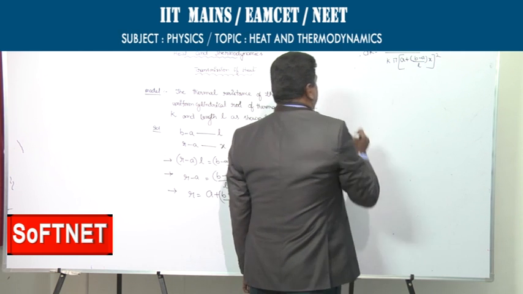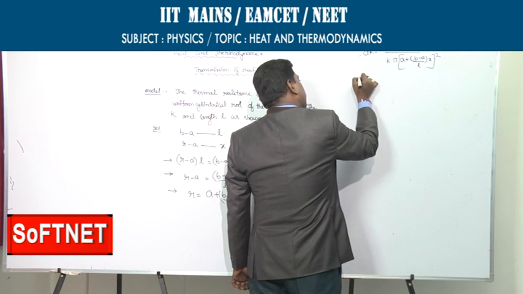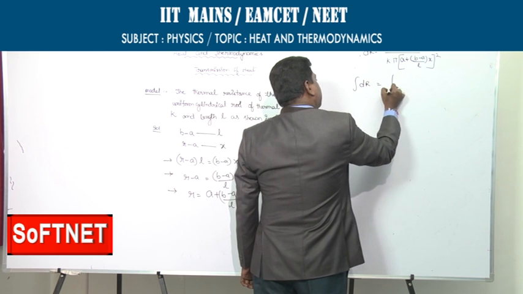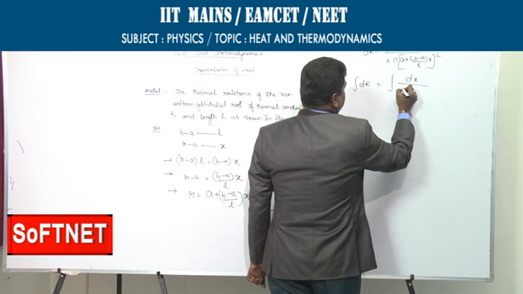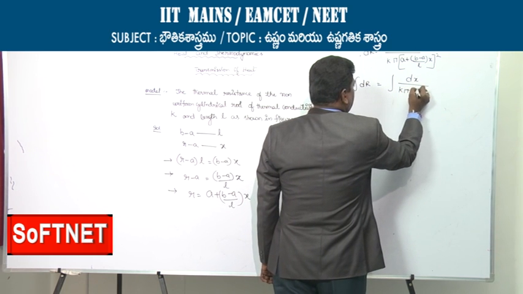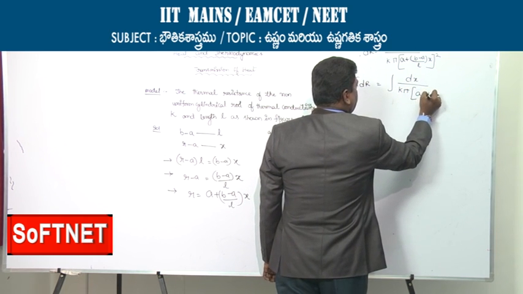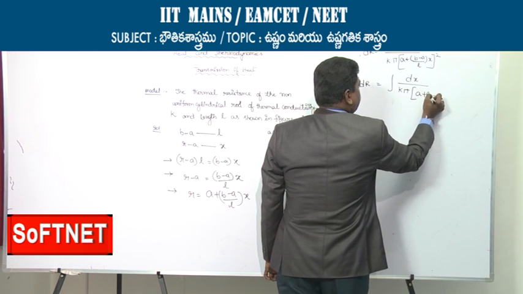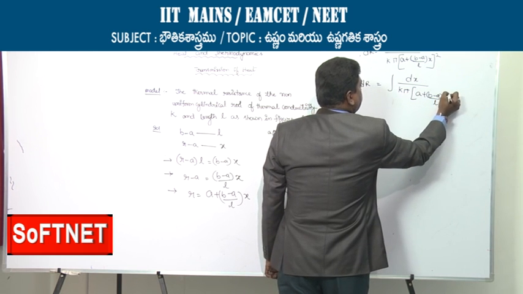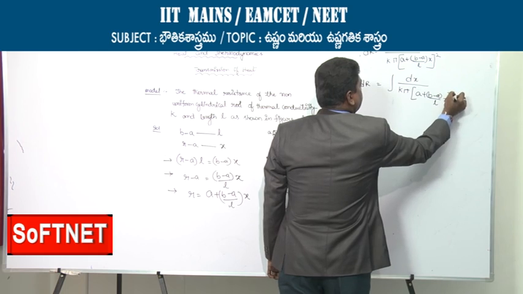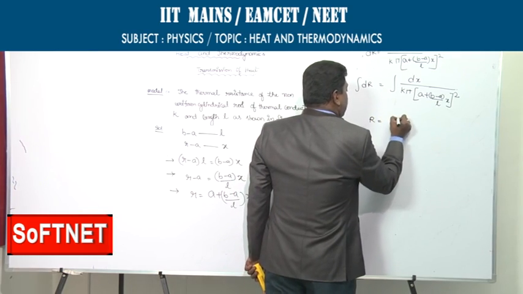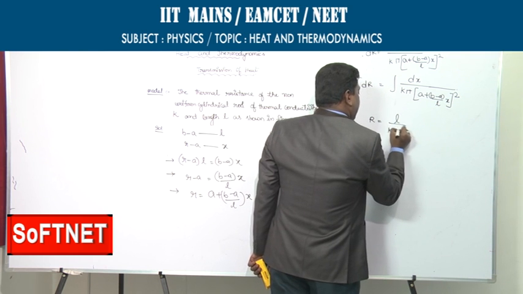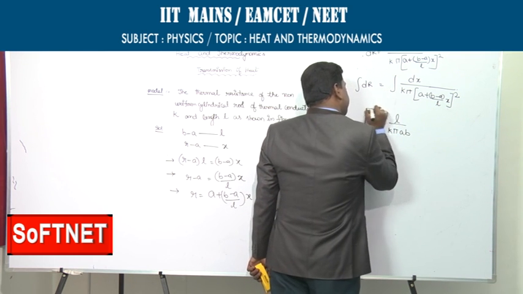Integrating on both sides, we get thermal resistance R equals L by K pi a b.